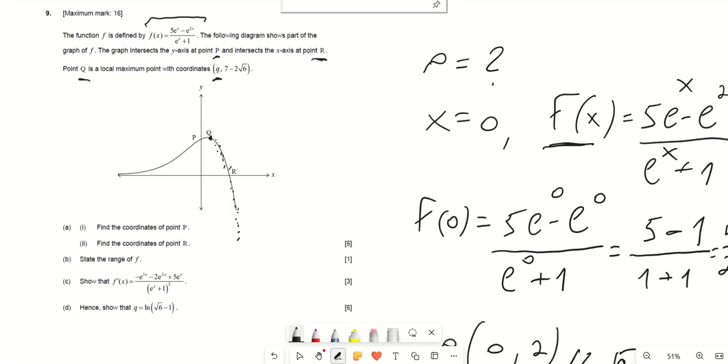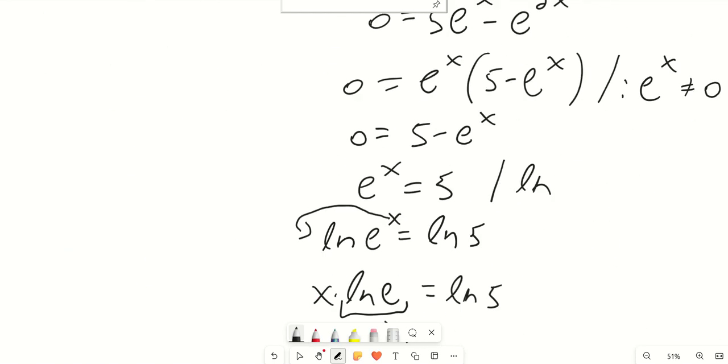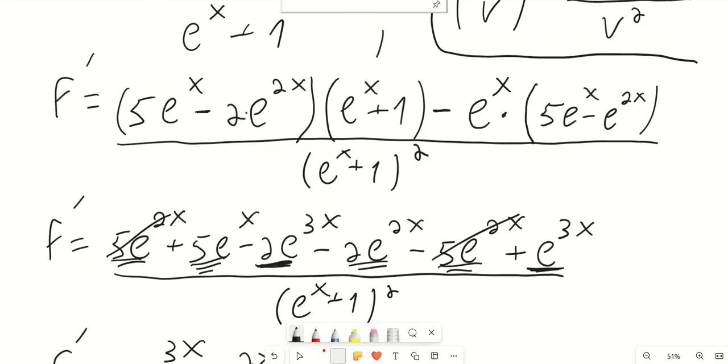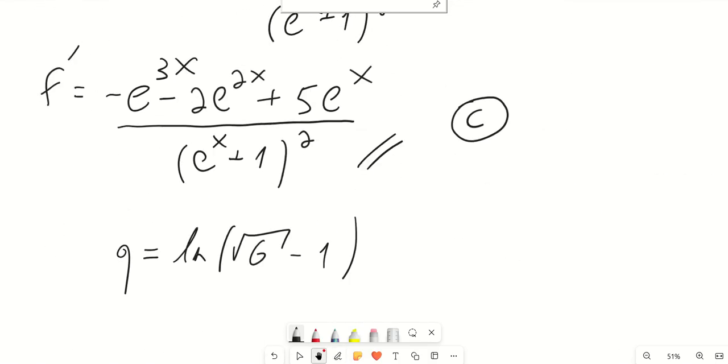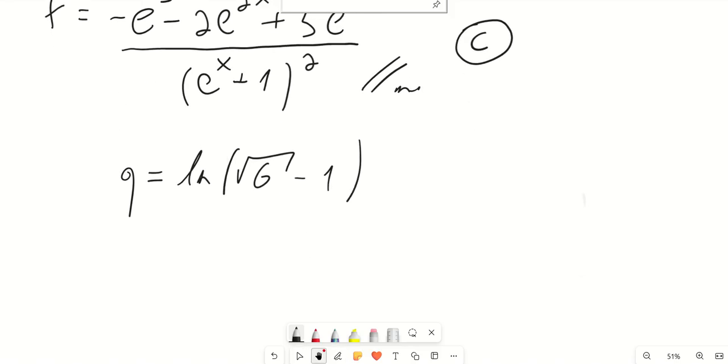So I can find this local maximum by equalizing the derivative to 0. And since I have here an expression for the derivative, this is what I calculated in C. If I write the equation that this term in C equals 0, then I will get the x coordinate of the maximum point, which is exactly Q. So let's do it.